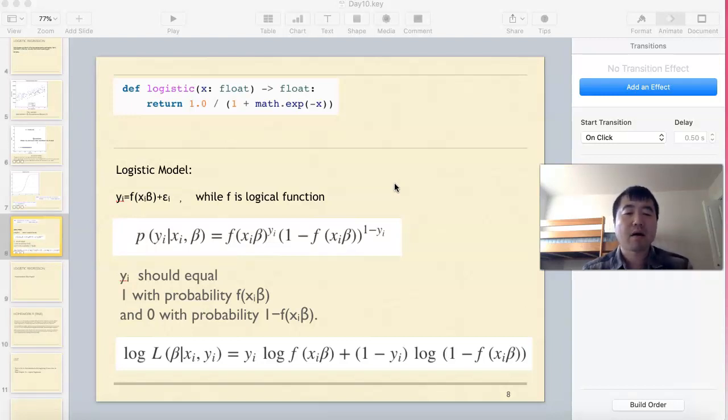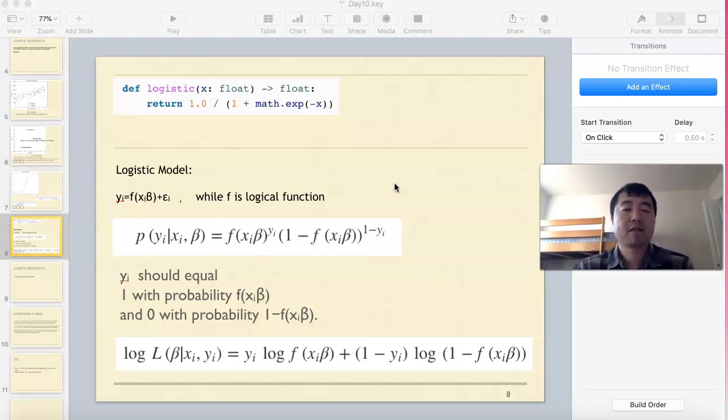And we know that most of the time gradient descent does minimization, but it is fine. We can just take the negative of the log likelihood. So minimizing the negative log likelihood would be the same as maximizing the log likelihood, right?